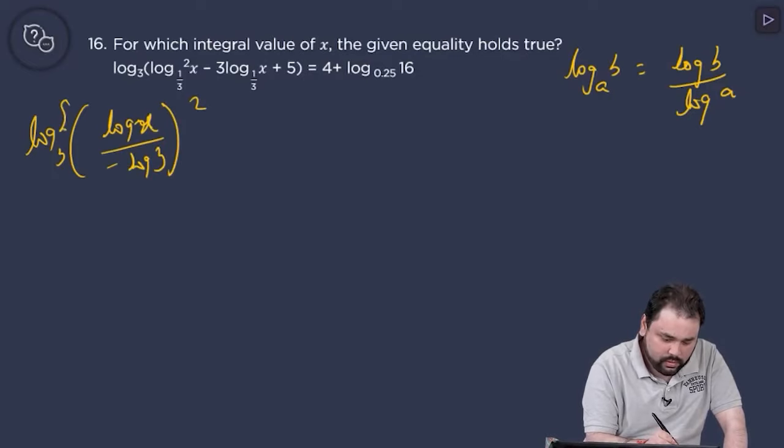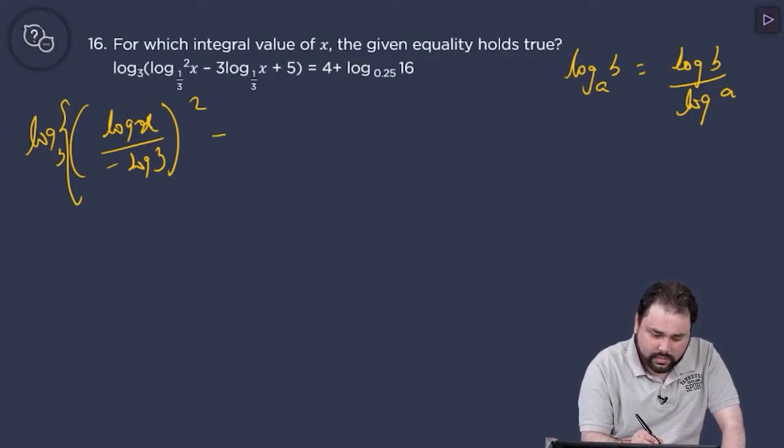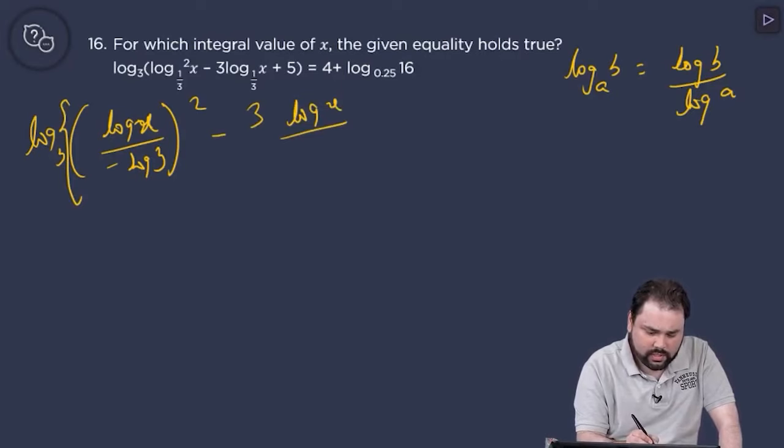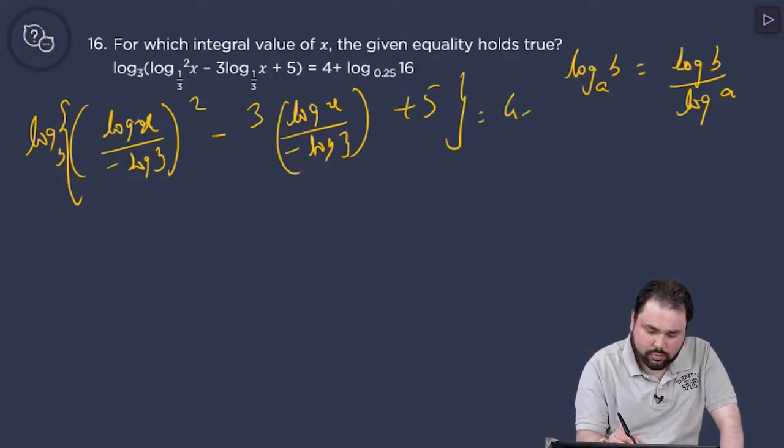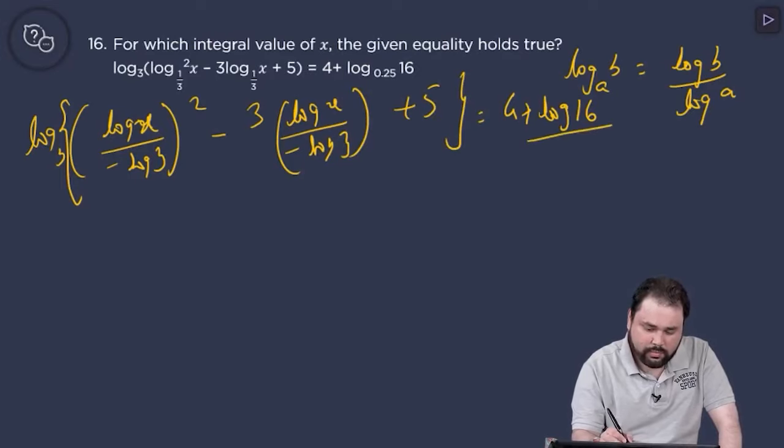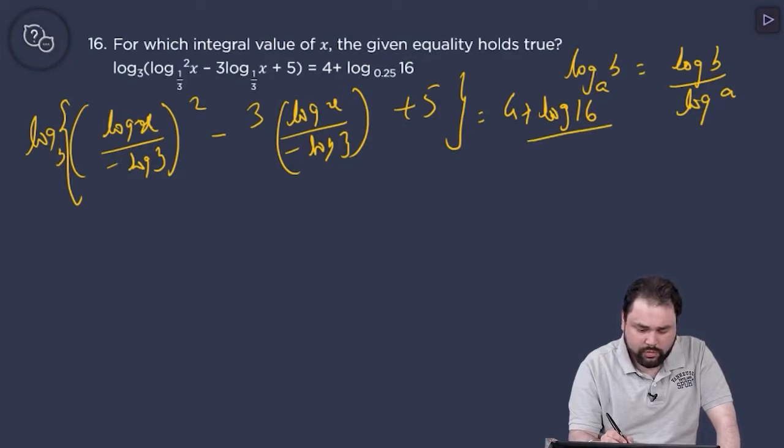Whole squared. Okay, minus 3, this is log x again, divided by log 1/3, which is minus log 3, plus 5 is equal to 4 plus log 16 by log 0.25.